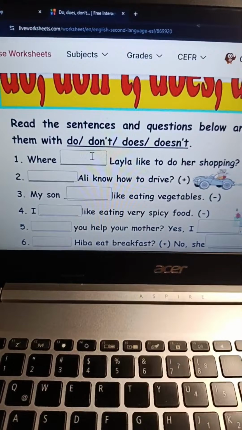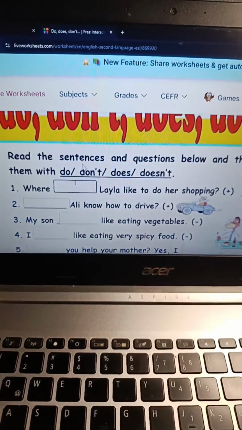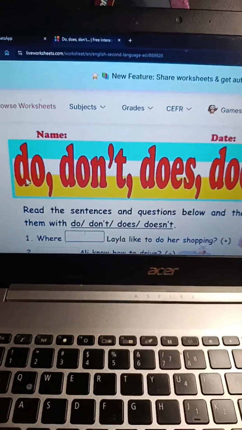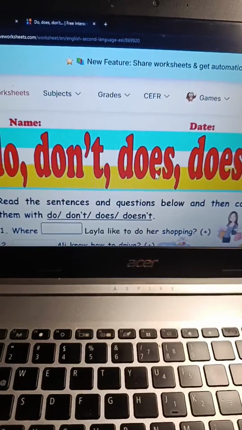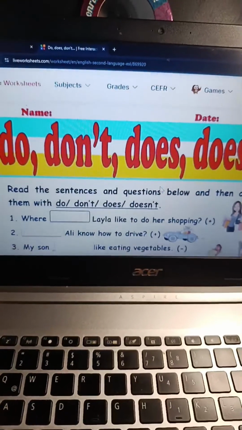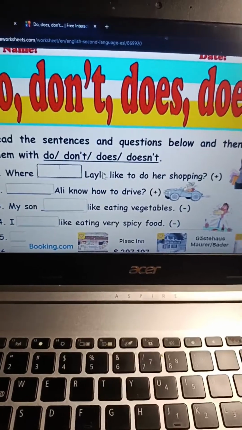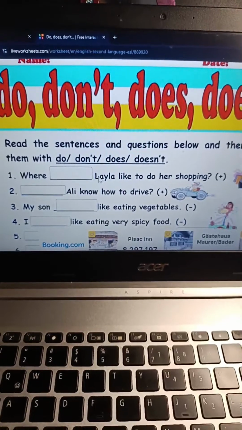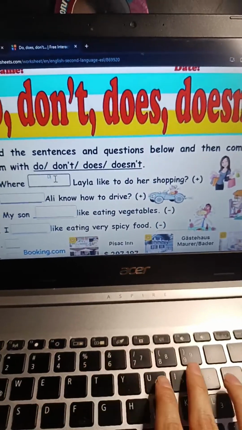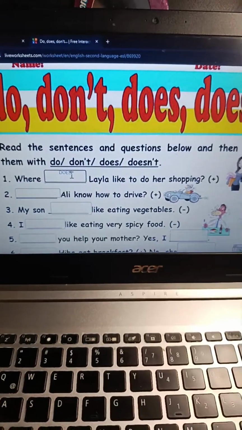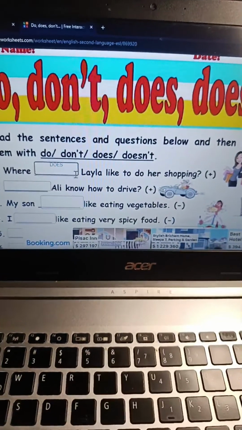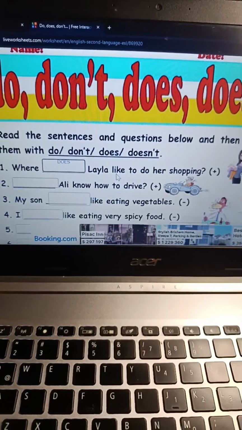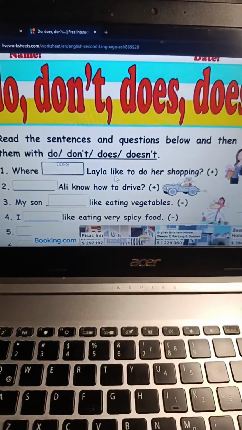So what is the word that we need to write in this space? Do or does? According to the subject in this question, Layla is she, so in this case we need to write does. Where does Layla or she like, this is the action verb, to do her shopping?